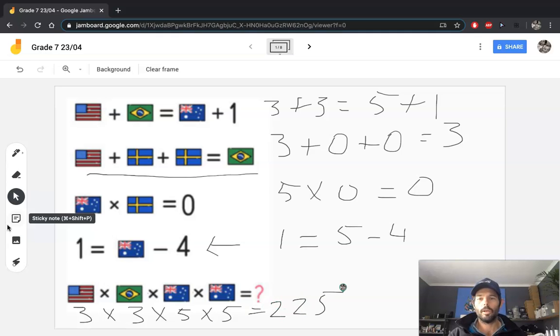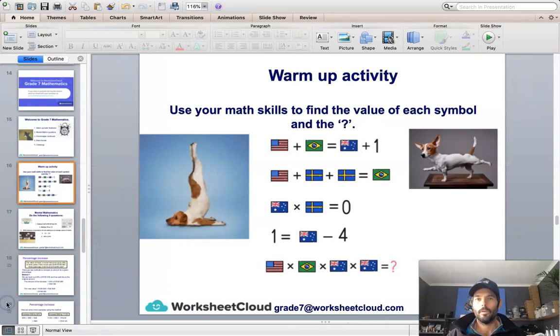Or you could say 3 times 5 is 15, times 3 is 45, times another 5 is 225. So you can play around with the numbers in a multiplication question and do them in an order that suits you. Okay? Right, well done if you work through that.